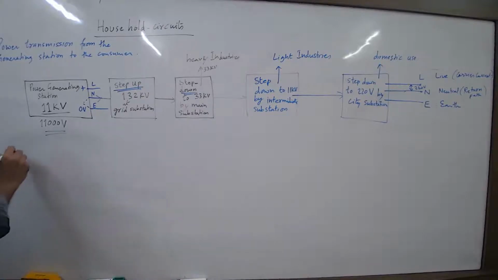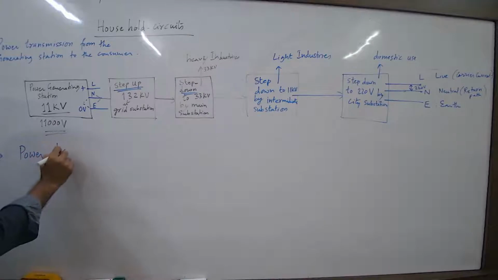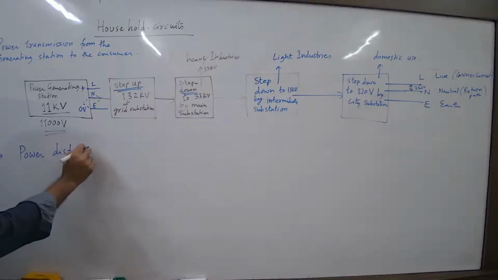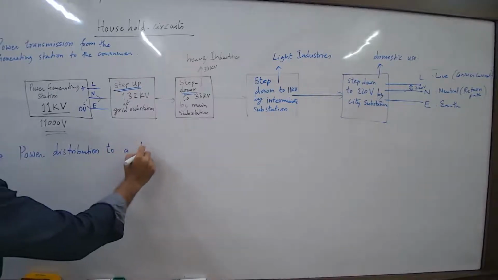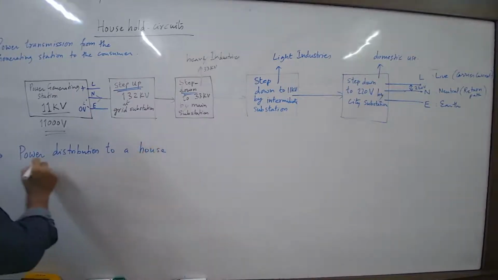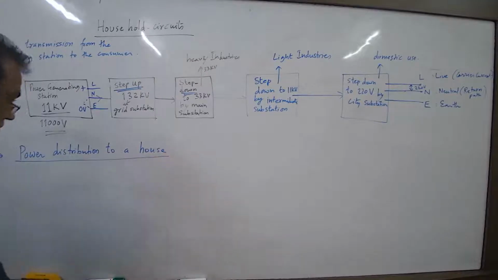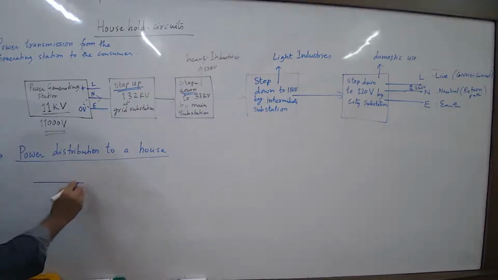Now the power distribution to a house. Now what do we do? So now look at this diagram in your book. So these three wires first come to you.